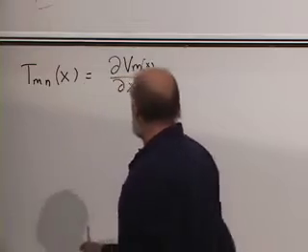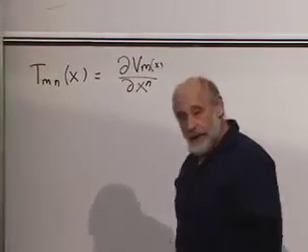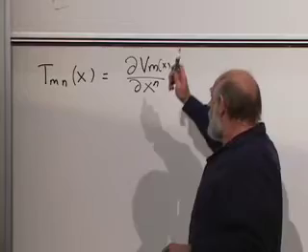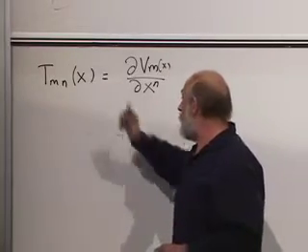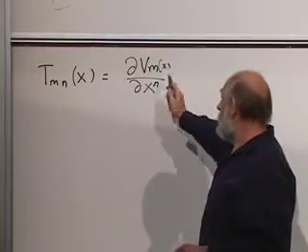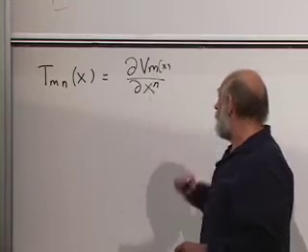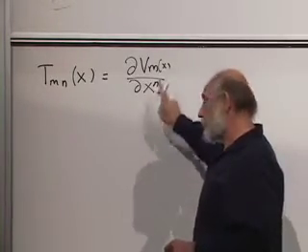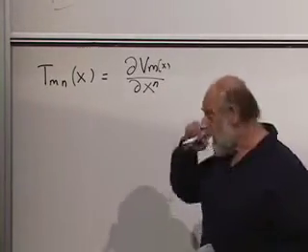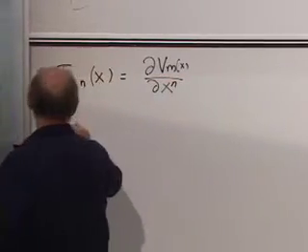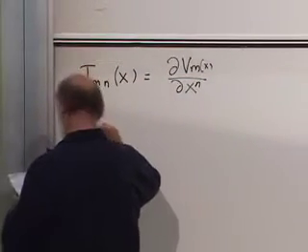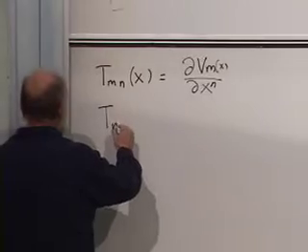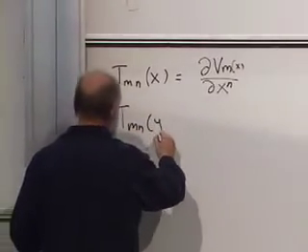We have an object which I tell you is a tensor, and it happens that in the x-coordinate system, its components are the derivative of v with respect to x^n. Let's ask, what must its components be in the y-coordinate system?